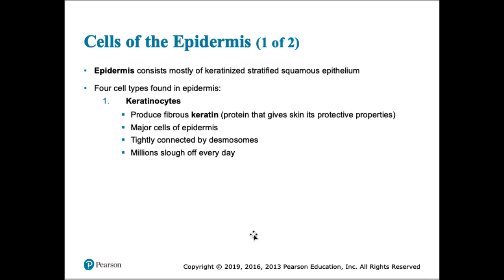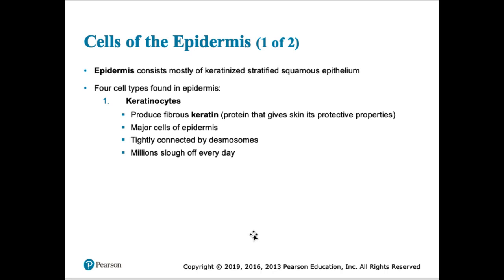So the epidermis in general consists of mostly keratinized stratified squamous epithelium that we talked about. We were talking about different types of epithelial tissue, and there are four types of cells found in the epidermis. The first cell type that we'll talk about is the keratinocytes. The keratinocytes produce this fibrous keratin.